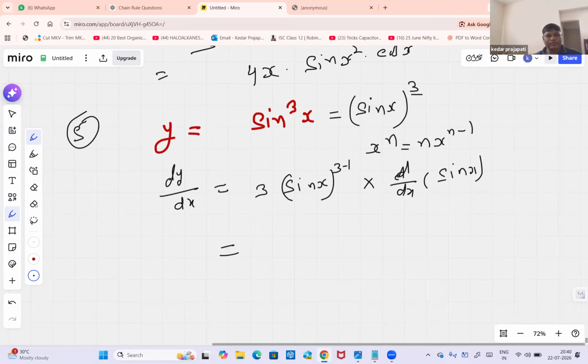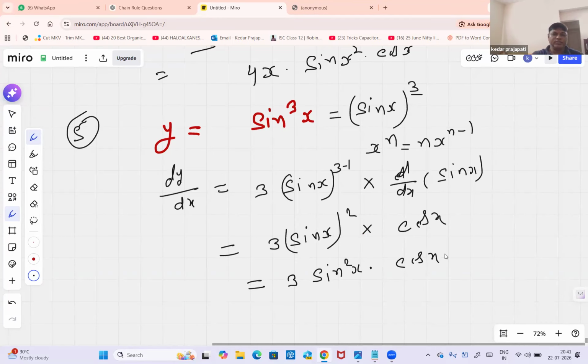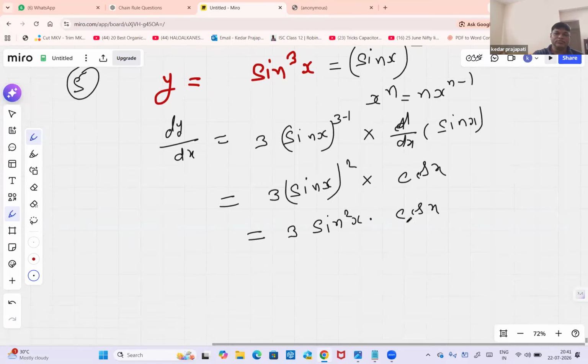Now it became easy. 3 sine x square into d by dx of sine x is cos x. You can leave it here only, or you can further write 3 sine square x into cos x. This is your answer.